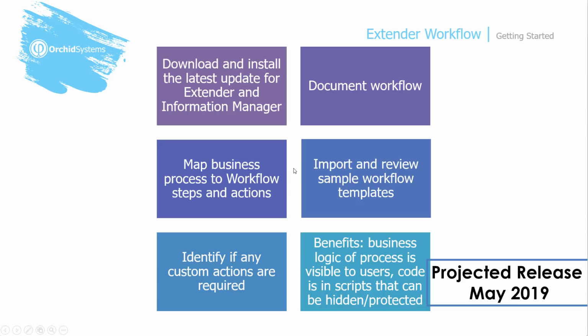You'll be able to import and review sample workflow templates, such as the one we've looked at today, that will illustrate all the standard actions that are part of Extender Configurator. If you then document the business process or workflow that you're trying to automate in Sage 300, you'll be able to map this business process to the workflow steps and actions and identify if any custom actions are required.